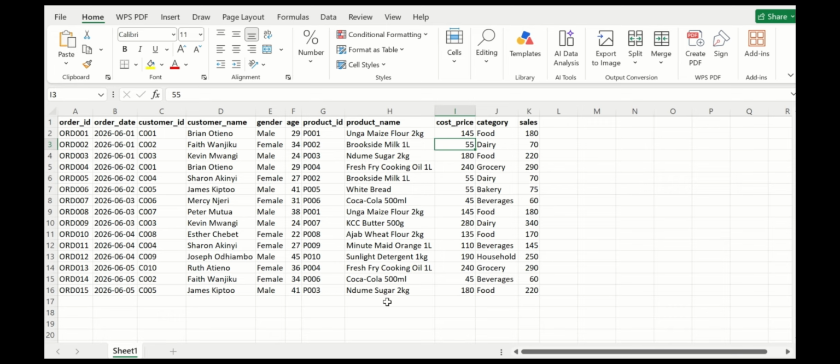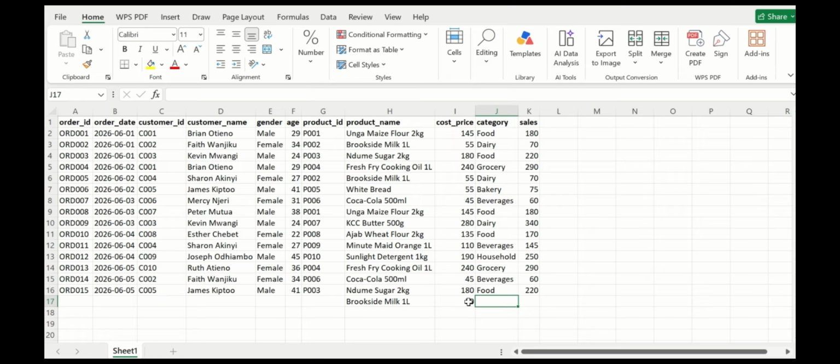Now let's say the unit price of this product changes from 55 to, maybe, 50.